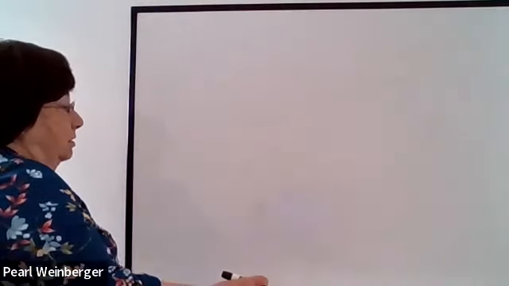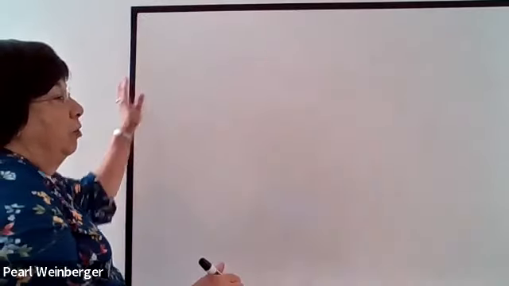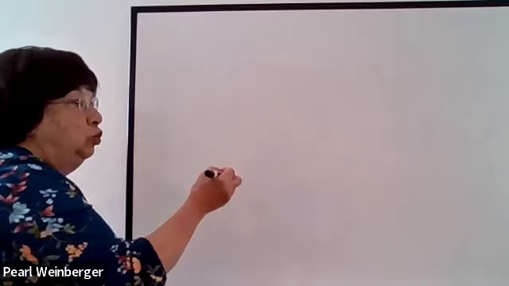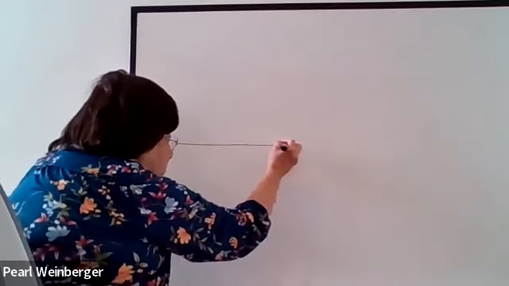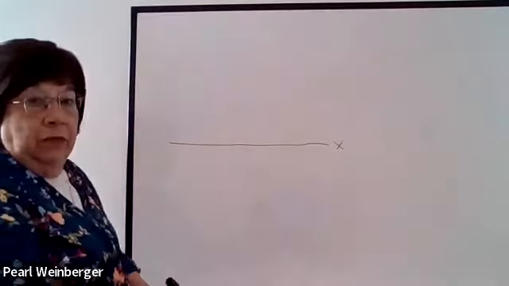All right, so as I said, we're going to be talking about graphing on not just a line, but on a whole, what we call plane, a whole flat surface. And we do that by having two axes. We have a horizontal axis, which is called the x-axis.